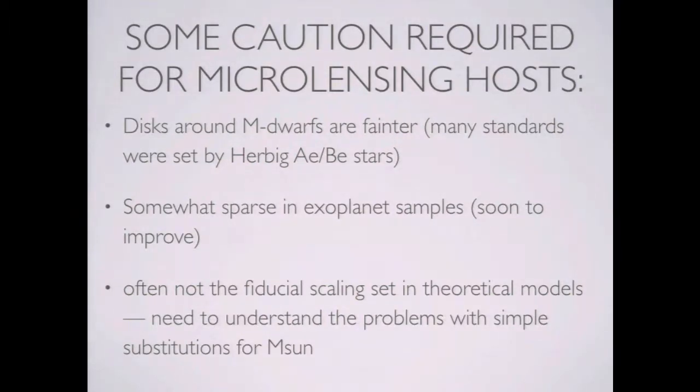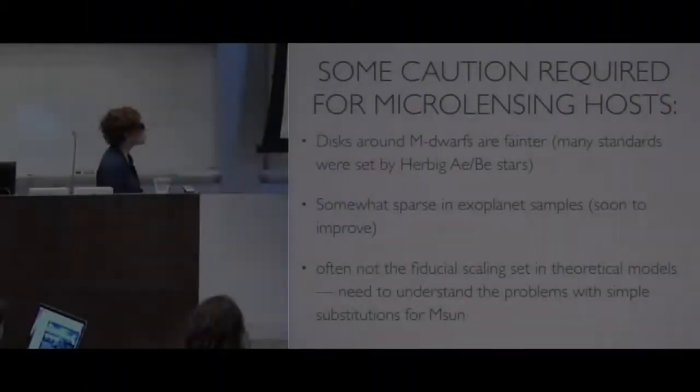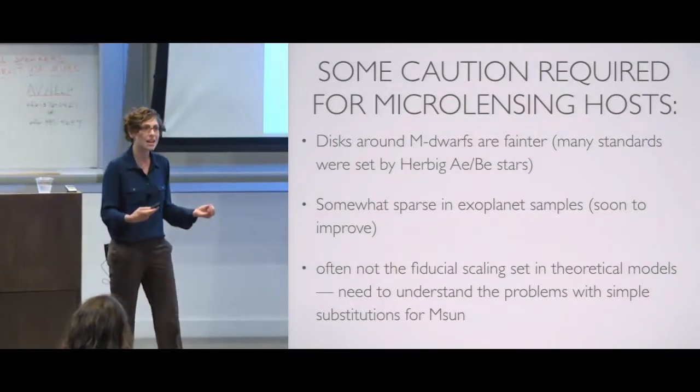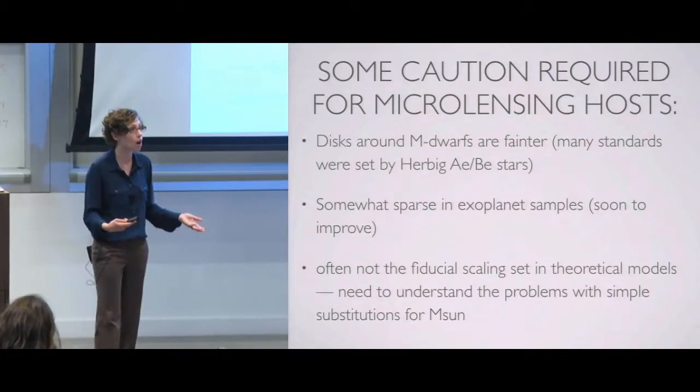So keep that in mind when you're assuming something about a relationship you might be reading about. The exoplanet samples are somewhat sparse in the M-dwarf regime, although that's getting better every day. And of course, the fiducial scaling that you will see in theoretical papers is often for a solar-type star.